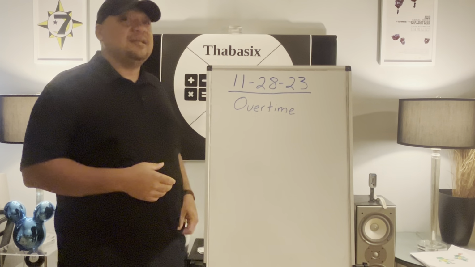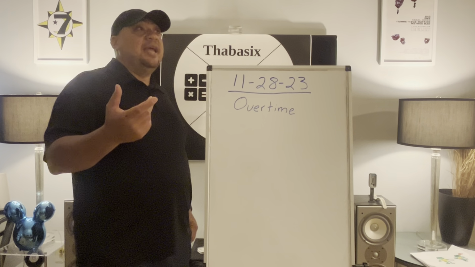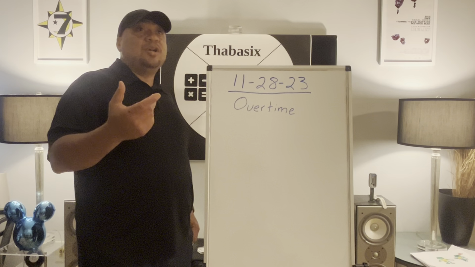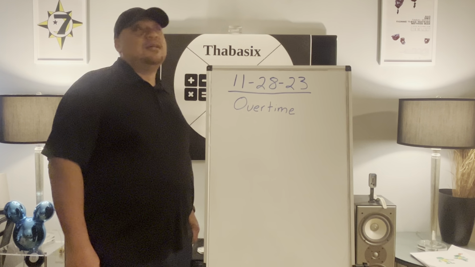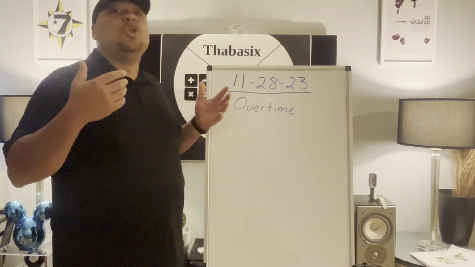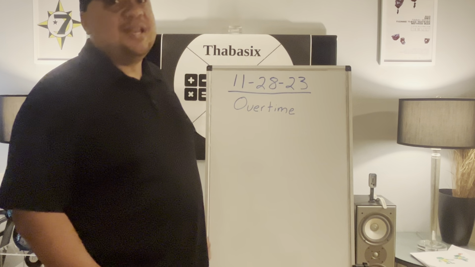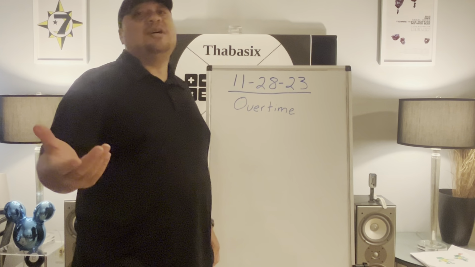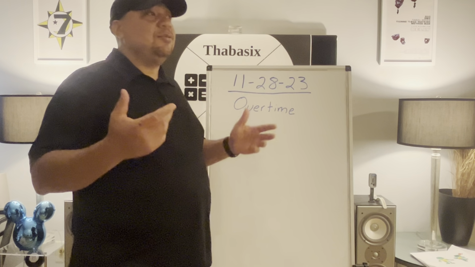In this problem, I said it was $25 an hour, and that you worked 42 hours and 30 minutes. I wanted to see if people knew how to work with time, because 30 minutes is 1/2 of an hour. I just wanted to make sure people knew how to calculate that.